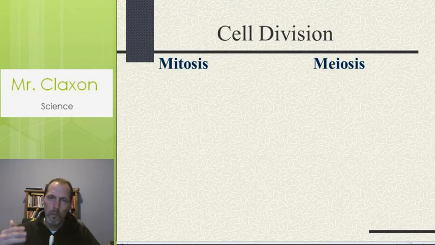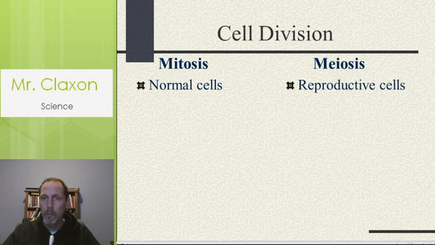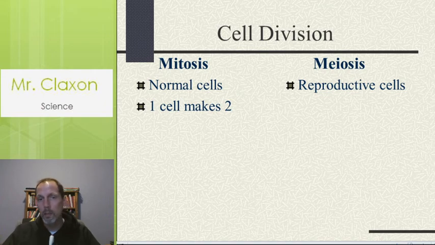So a real quick comparison of these two, if you could follow along. When we talk about mitosis, we could say that's for normal cells. And maybe you could predict that meiosis, that's not for normal cells, that's for reproductive cells. Okay? In mitosis, we start with 1 cell, we end up with 2.